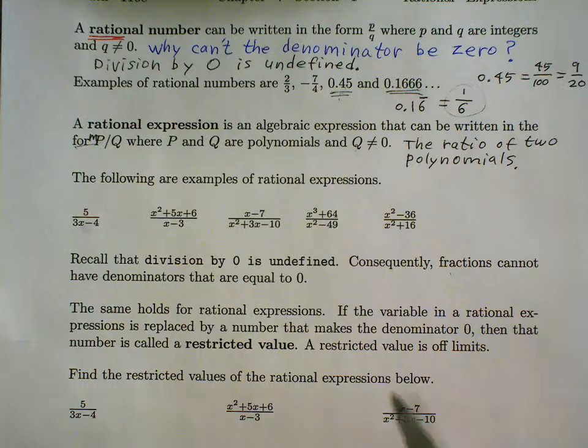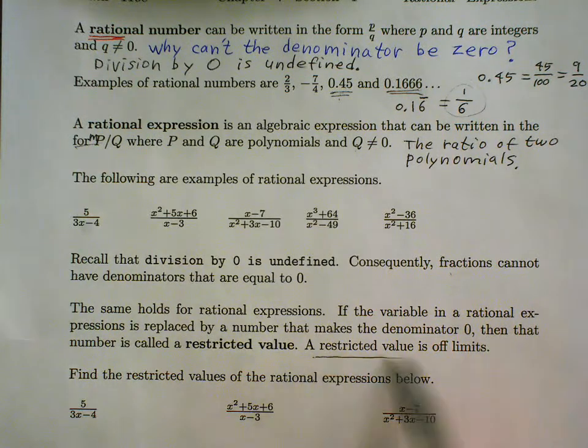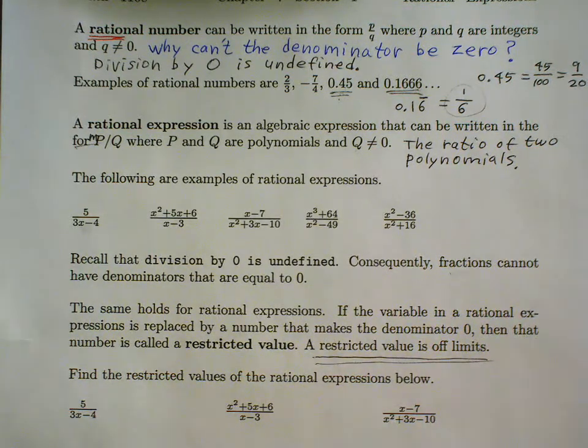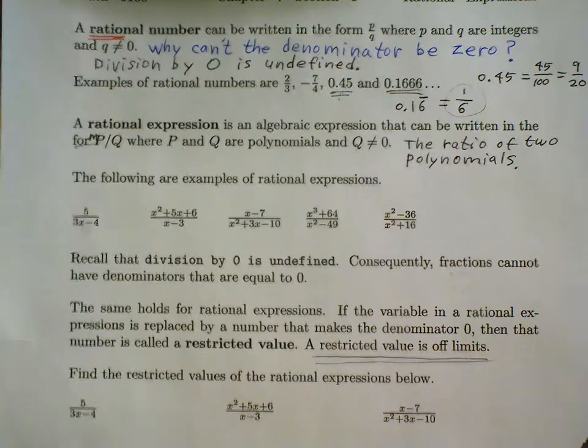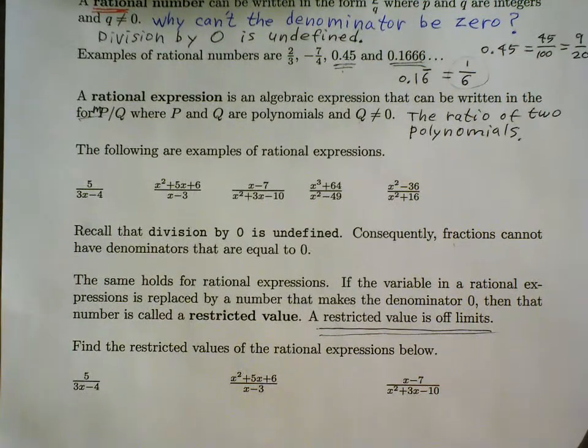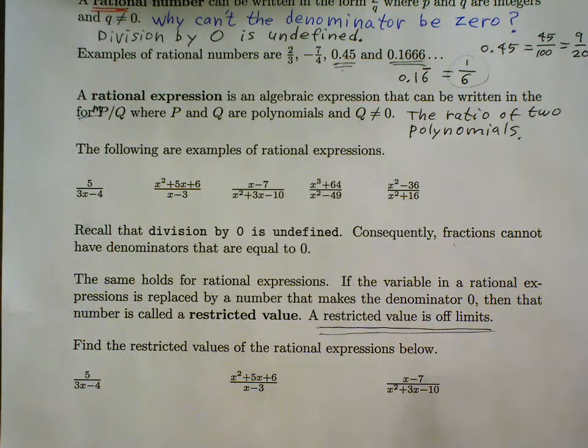So a restricted value is off limits, meaning that it cannot be used in that expression. Okay, so our next exercise is to find the restricted values of the rational expressions below.